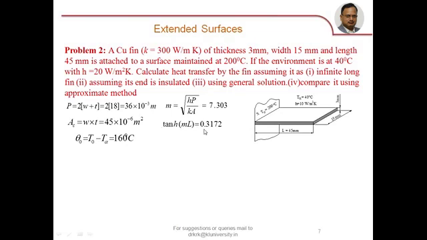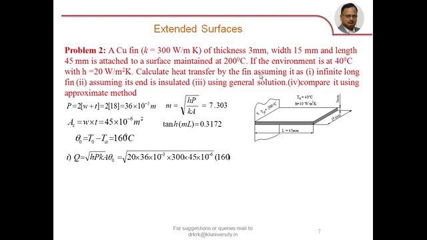And then tanh(mL), because you know m, you know L, 45 mm, tanh(mL) is also calculated because it is also a parameter of interest. You got it as 0.3172, and theta naught, the temperature difference between the fin and surroundings at the base, is 200 minus 40, which is equal to 160 degrees centigrade.